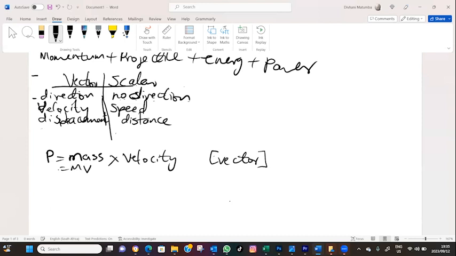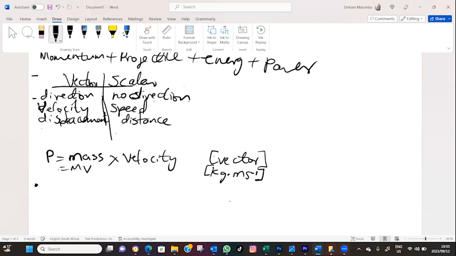Now, what are the units for momentum? kg, which is the mass, meters per second. I think that looks easy and obvious, doesn't it?